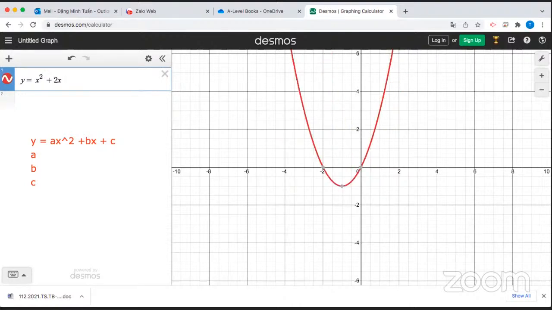You see the graph. Okay. So this is the movement. C is the y-intercept. What is x? What's x by itself? The x-axis means the horizontal axis. What's x squared then? x squared here.